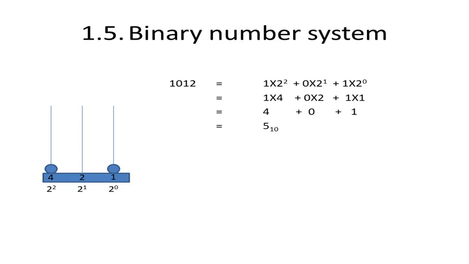Any number multiplied by 0 is 0. Here the last 1 multiplied by 2 to the power 0. That means 2 to the power 0 means 1. 1 multiplied by 1 is 1. When you add all these answers together, it comes to 5. 101 in binary is 5 in decimal.